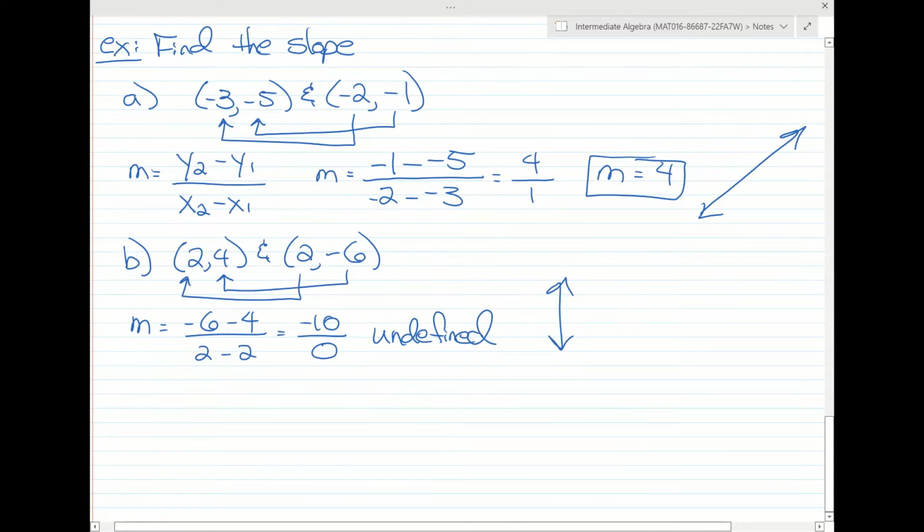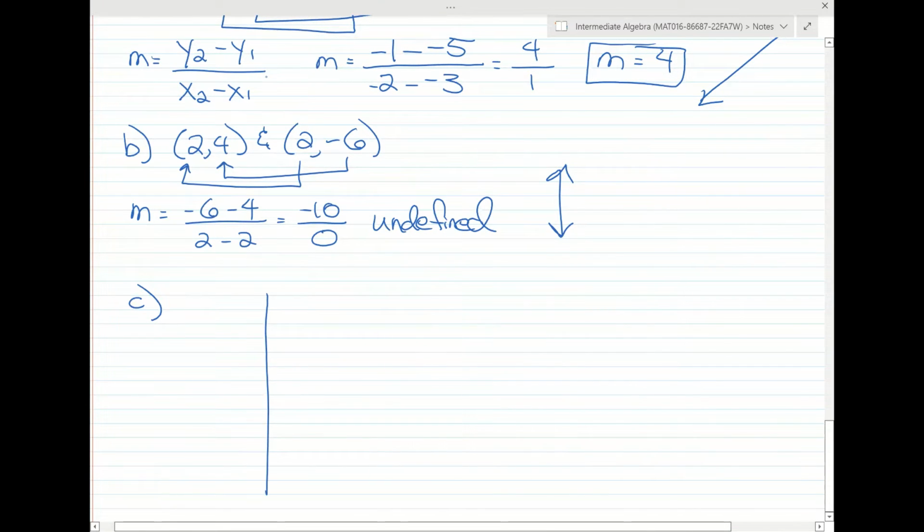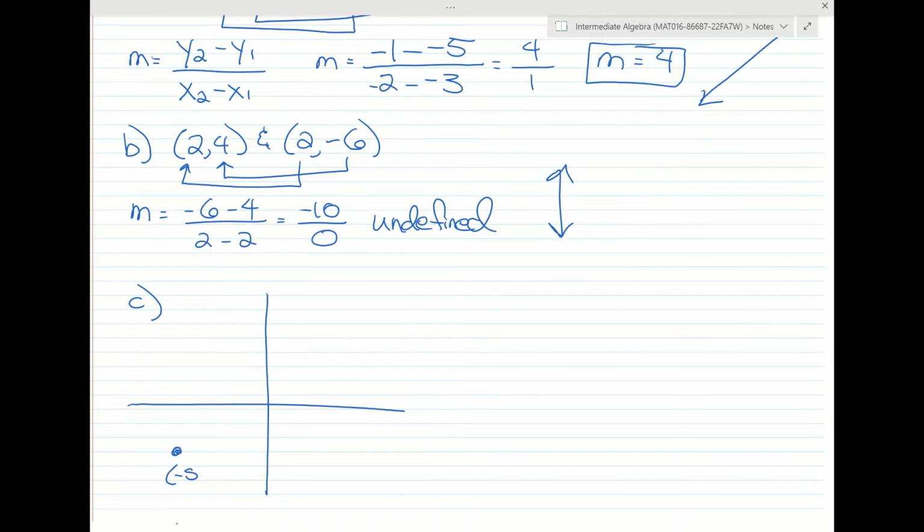All right. What if we had 2 points like this? If I put a point right here at -5 comma -2, and I put another point right here at 2 comma 3. So instead of writing it out like we did, if they're on a graph, one thing we could do is exactly the same thing we did before.